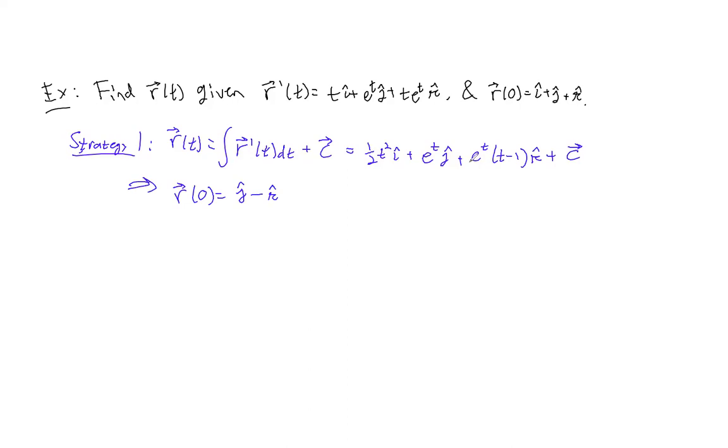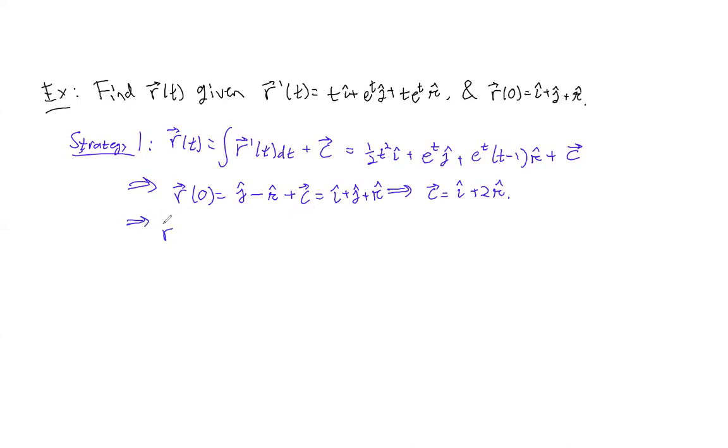That's 1 times negative 1. So j minus k plus c, that arbitrary vector. But really, we know that that's going to be i plus j plus k. We're told that. And that tells us that c is i plus 2k.